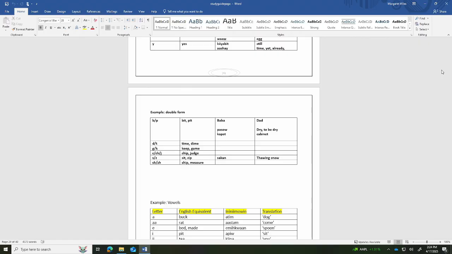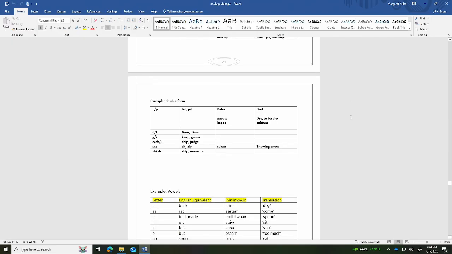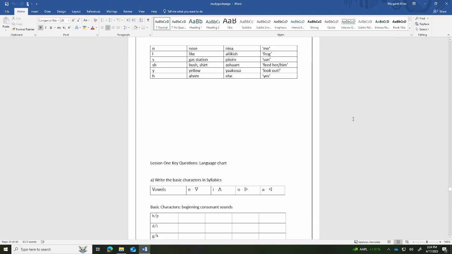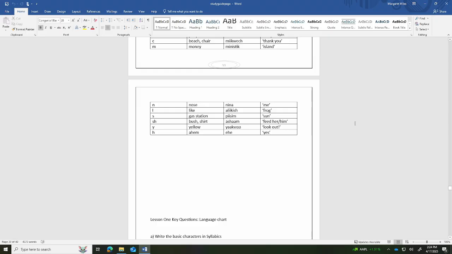Consonant D and T. The T sound in English, time or dime. And in the language, tapue, meaning really or truly. Wastel.